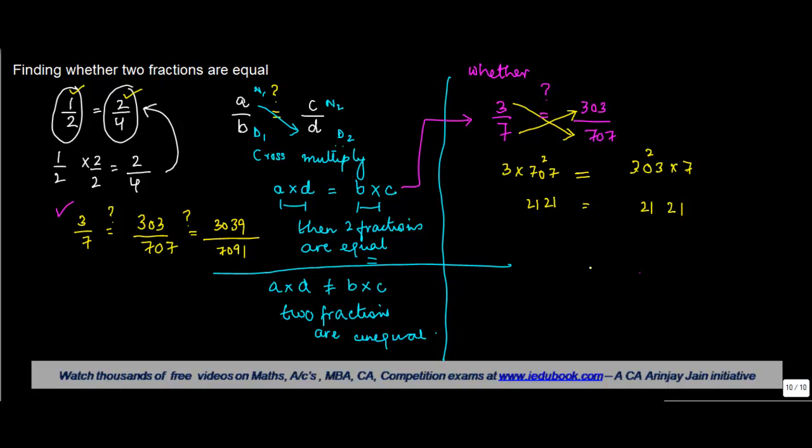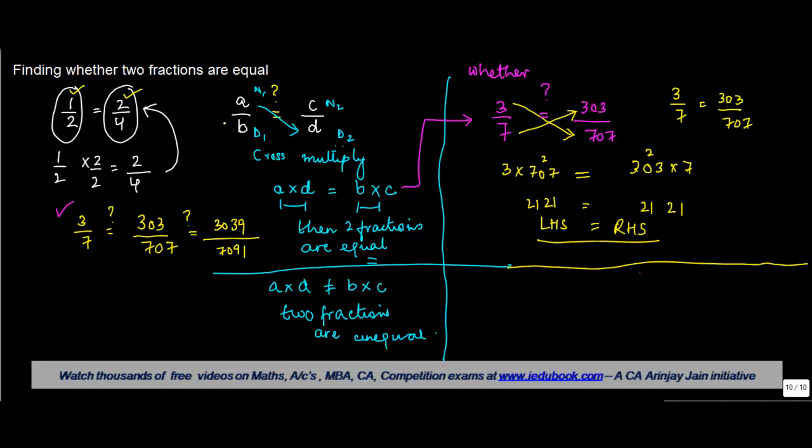Now if you notice, the left hand side is equal to the right hand side. Hence, we say that 3 upon 7 is equal to 303 upon 707. Right? So this was the case where it is equal.